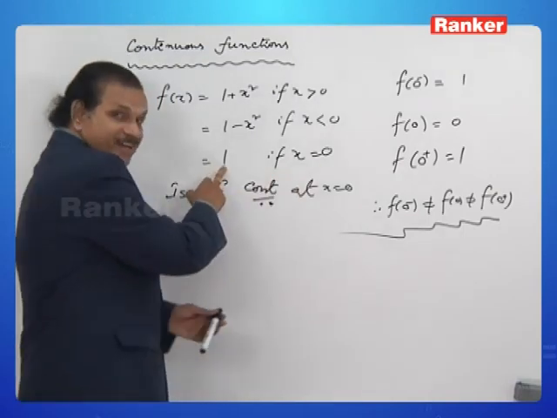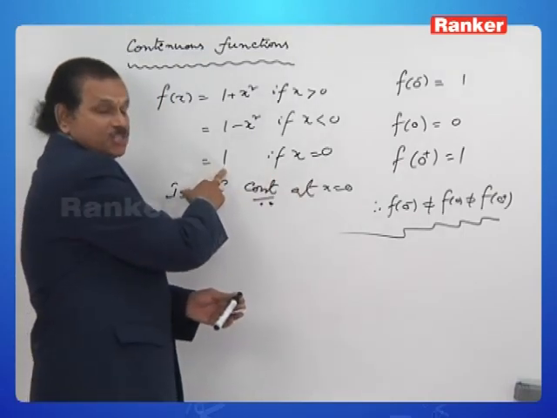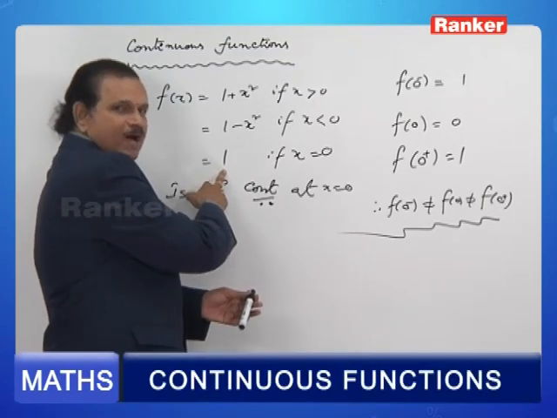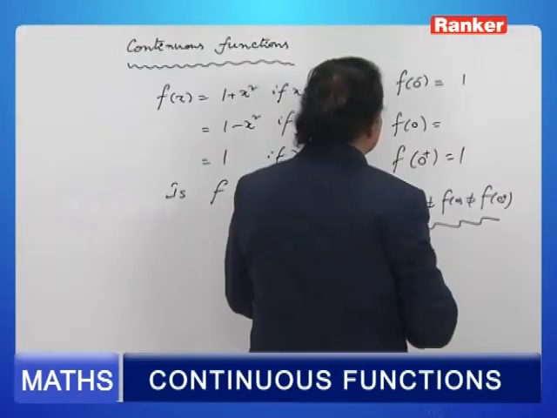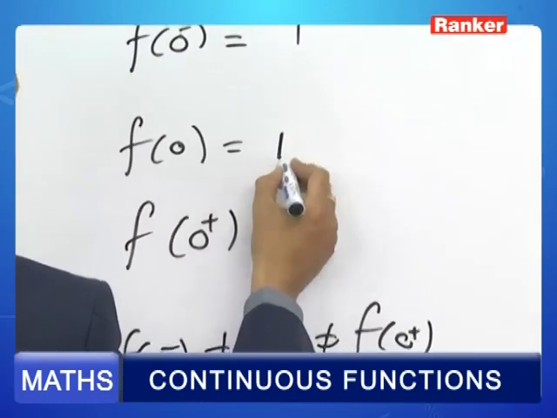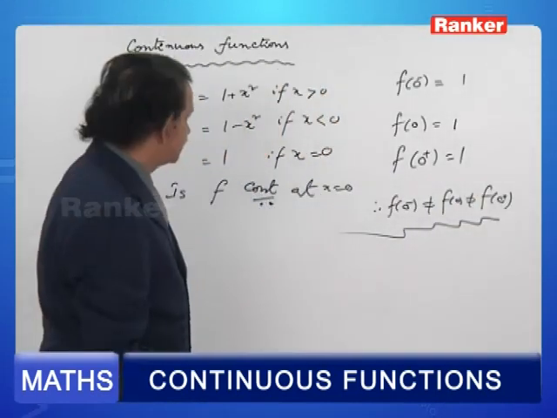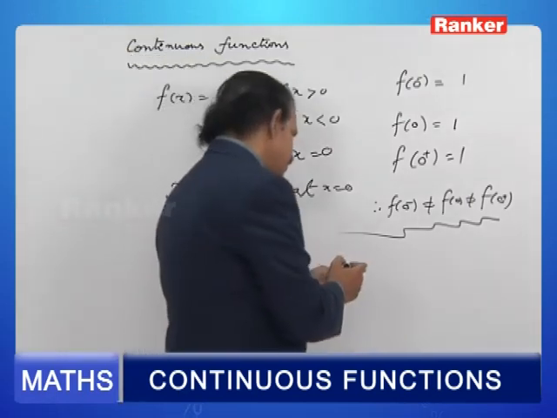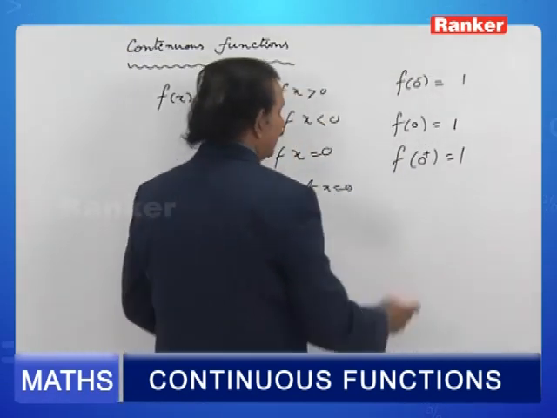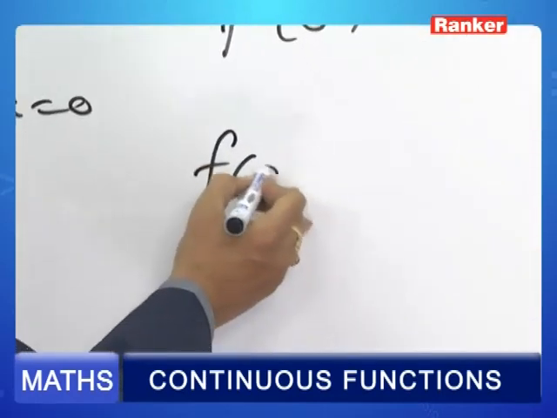It has been redefined here in this problem. I have changed the problem. You see, this is 1 but not 0. Hence it is 1. F of 0 from right, that is the right hand side limit, 1 plus x square. What is 1 plus x square? It is also 1.